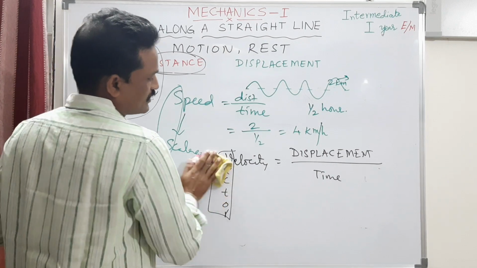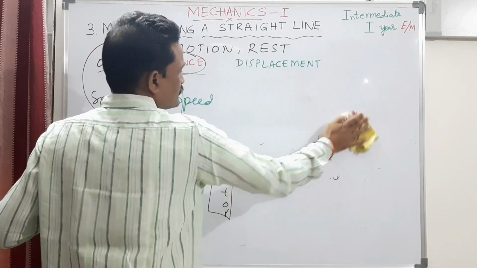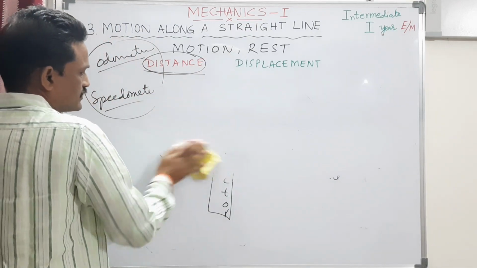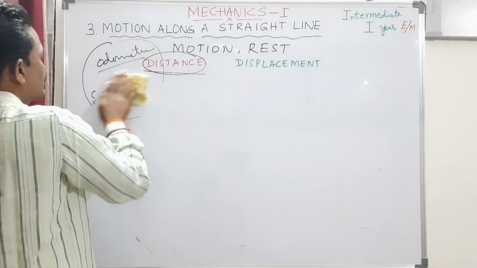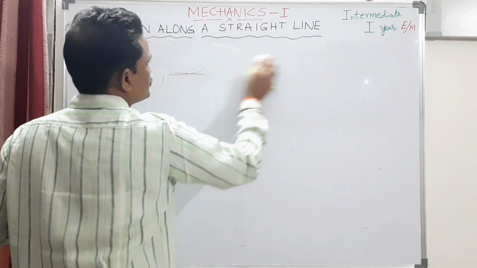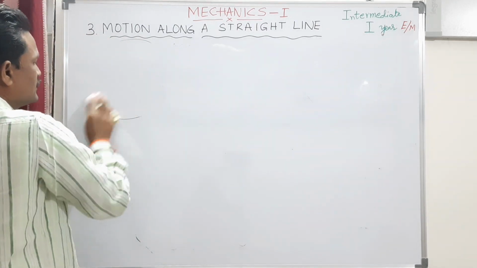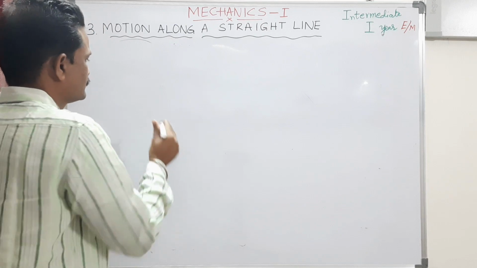Now let us go to further terms related to motion. The next term is average speed and average velocity. What do you mean by average speed? For example, you are going on a bike.